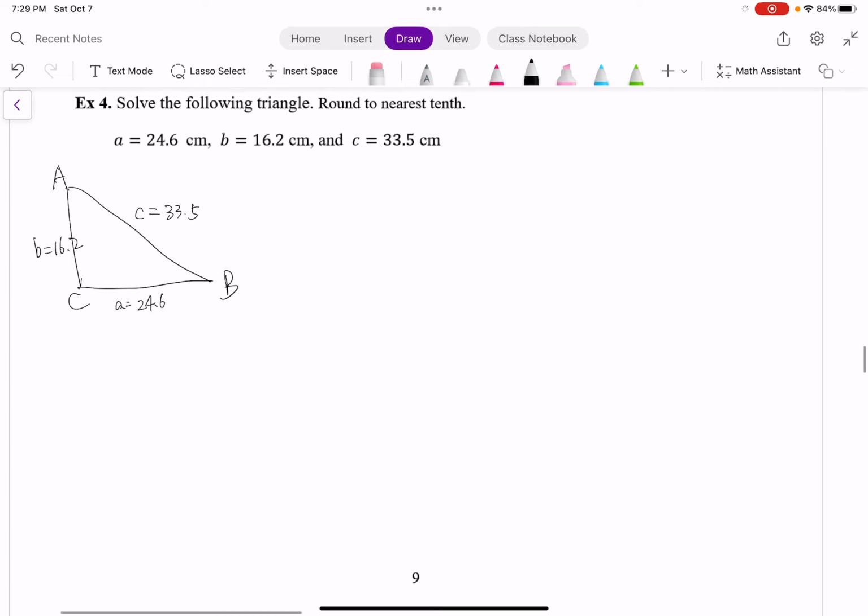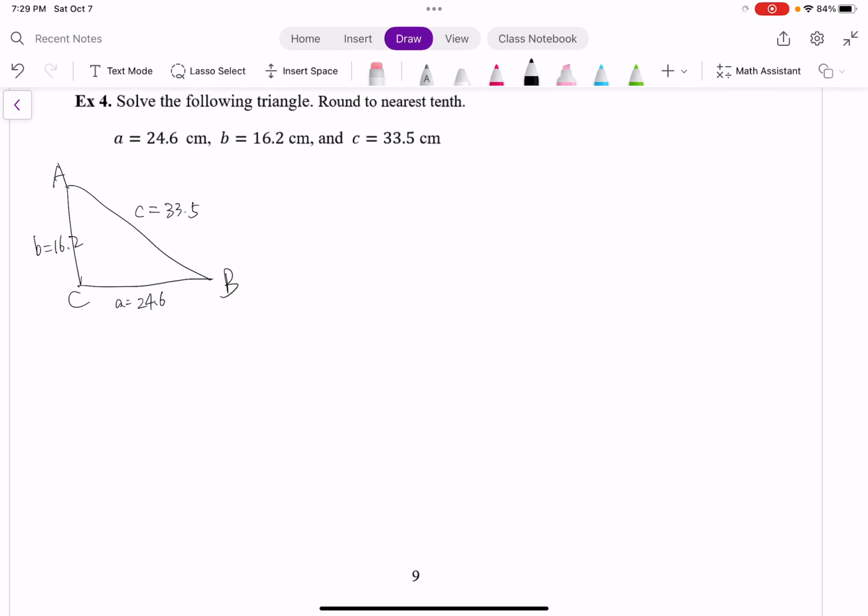Let's find the angle C, because it's opposite the longest side. So I know that cosine C, the formula is a squared plus b squared minus c squared, all divided by 2ab. All right, so we can input all the information in it.